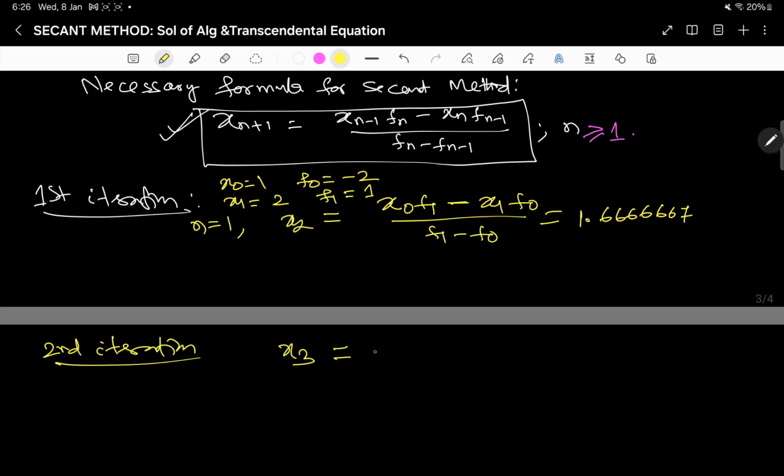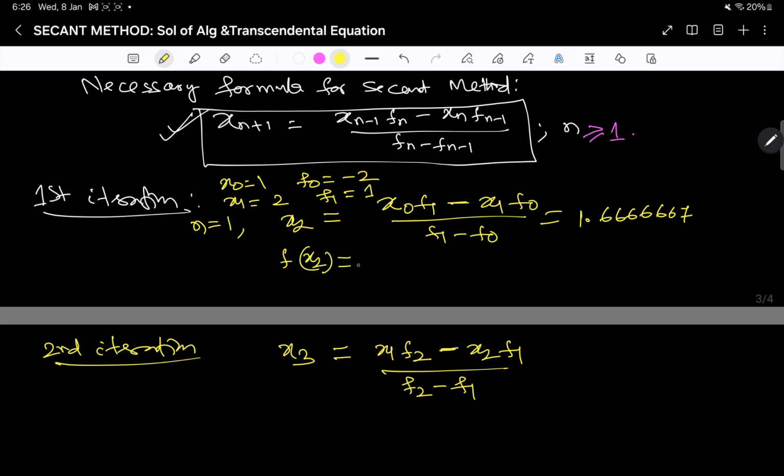So x3 is equal to x1 f2 minus x2 f1 by f2 minus f1. We need to find f2 here, but we won't bother about positive or negative.